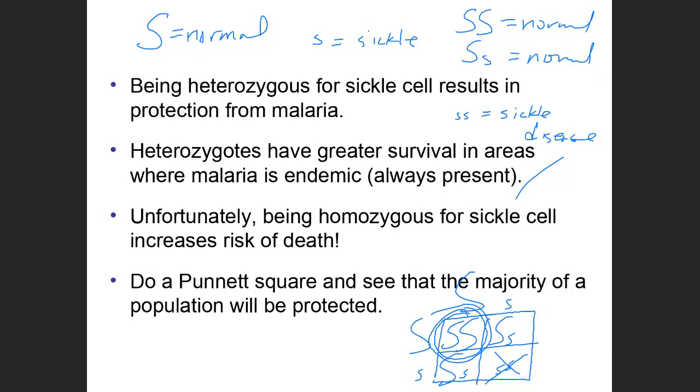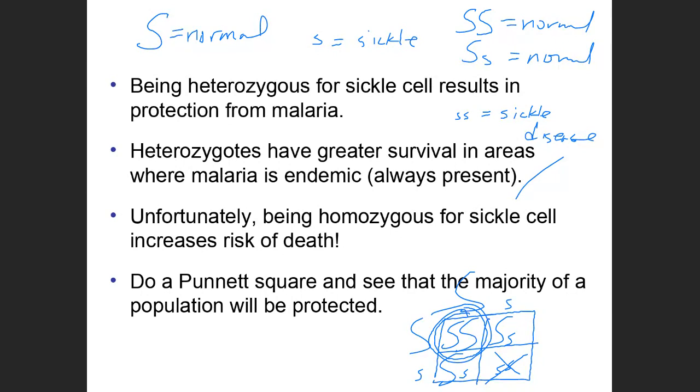lot of malaria. Now, unfortunately, today, since malaria is more treatable and not as common, human beings can do a lot more to protect themselves. Having the sickle cell trait is actually becoming more of a negative thing, right?